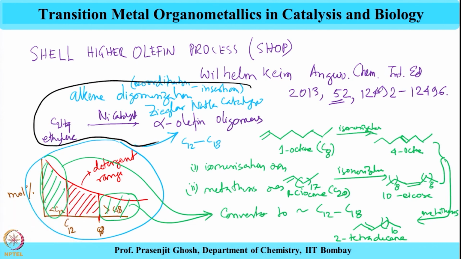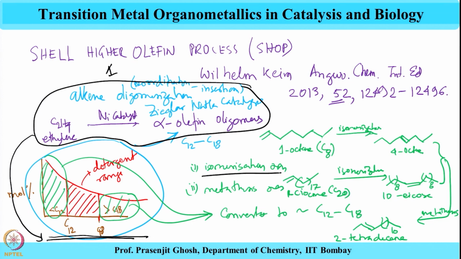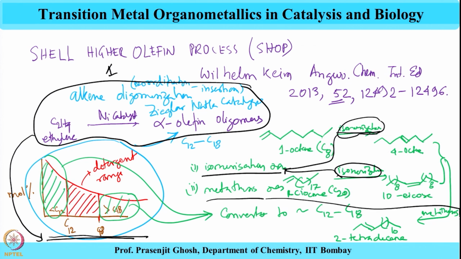This is process number 1, which generates this whole range of alpha olefins generated from here, and then the 2 other processes: one is the isomerization process over here as well as over here, and the second one is the metathesis process, which is over here.